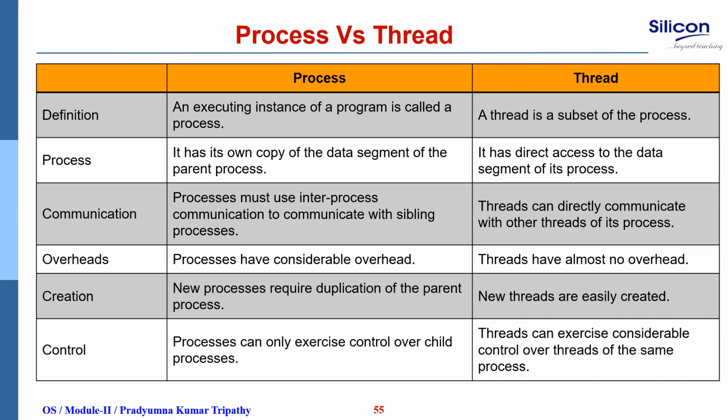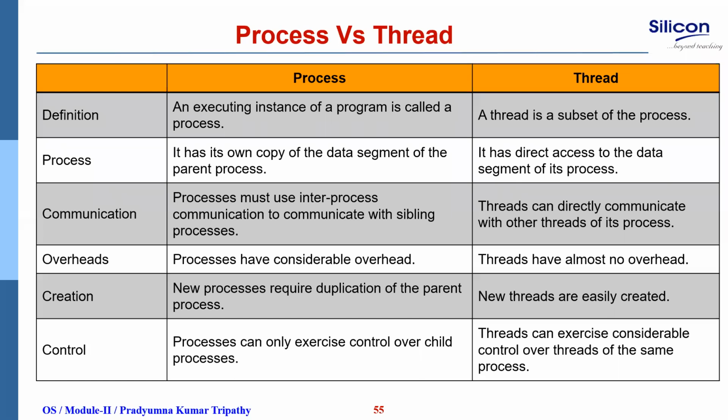How do processes communicate? Processes communicate with each other through IPC, inter-process communication, as we discussed earlier, by using send and receive. But threads can communicate directly, because all the threads belong to the same process, right? So threads can directly communicate with other threads of their process.